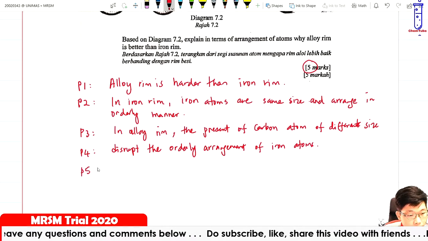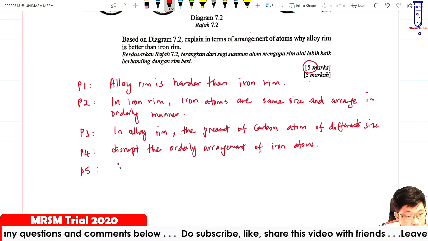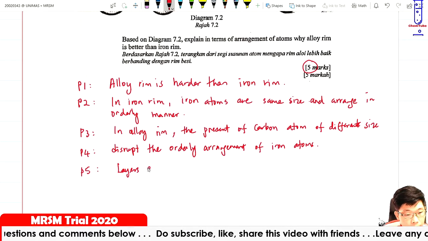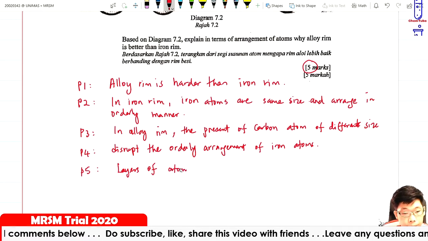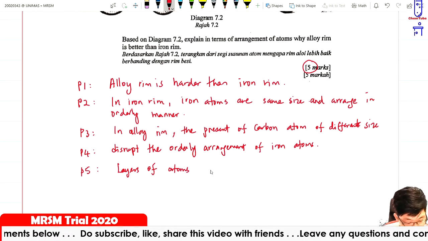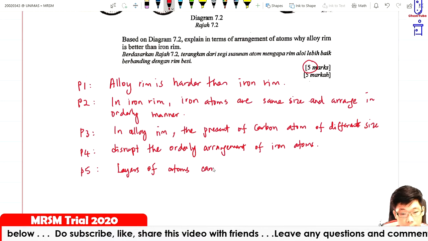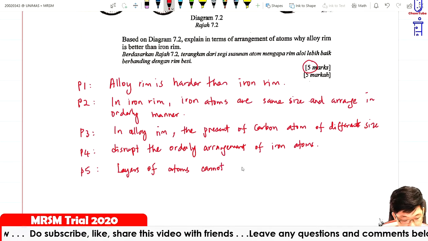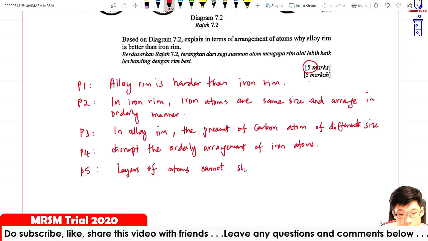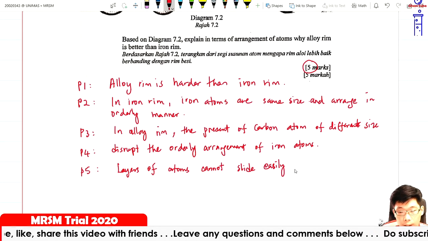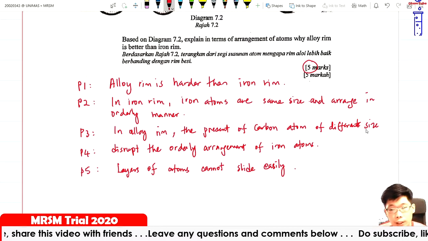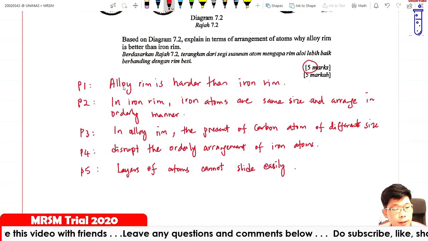So point number 5, the layers cannot slide easily. Okay. So actually you can write in a full sentence.